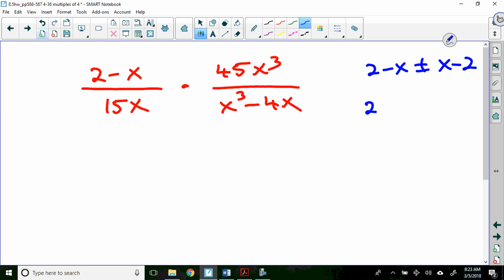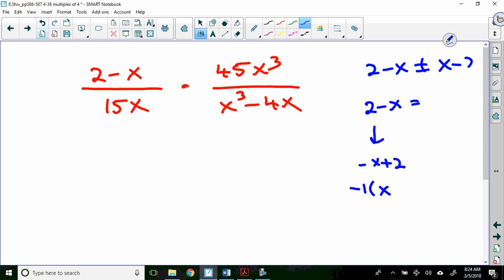What 2 minus x is, it's the same thing as the opposite of x plus 2. Because if you took 2 minus x and you rewrote it, it'd be negative x plus 2. And if you factored a negative 1 out, then it would be x. Oh, wait a minute. Did I just mess that up?